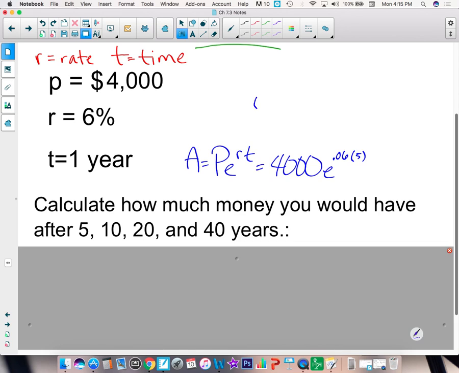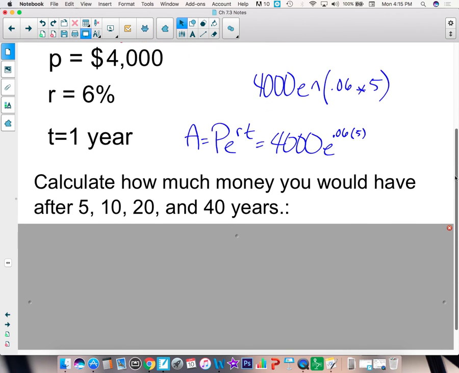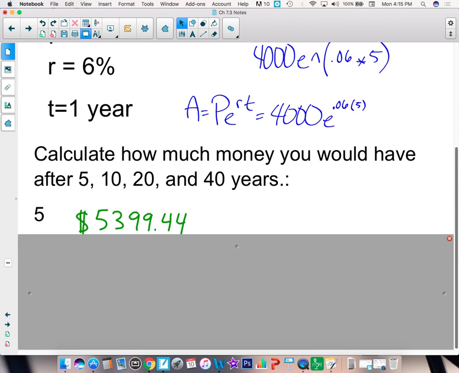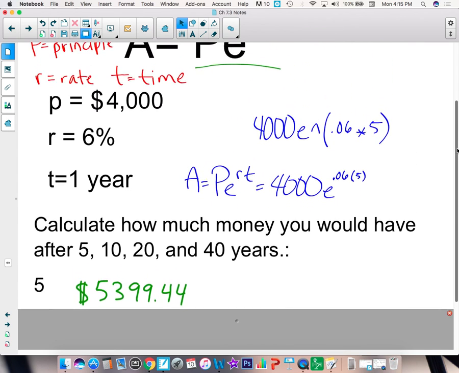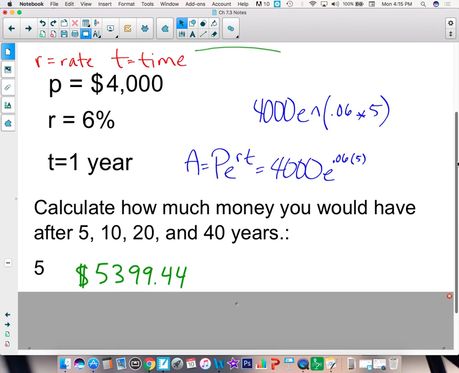And remember, if we put that in our calculator, it'd look exactly like this. So 4,000, you do second e to the x button, so it gives you e to that caret with the parentheses. So 0.06 times 5. That's what it would look like in your calculator. Okay, when you enter that number, you should get $5,399.44. So that's a pretty good deal if we invested for 5 years.